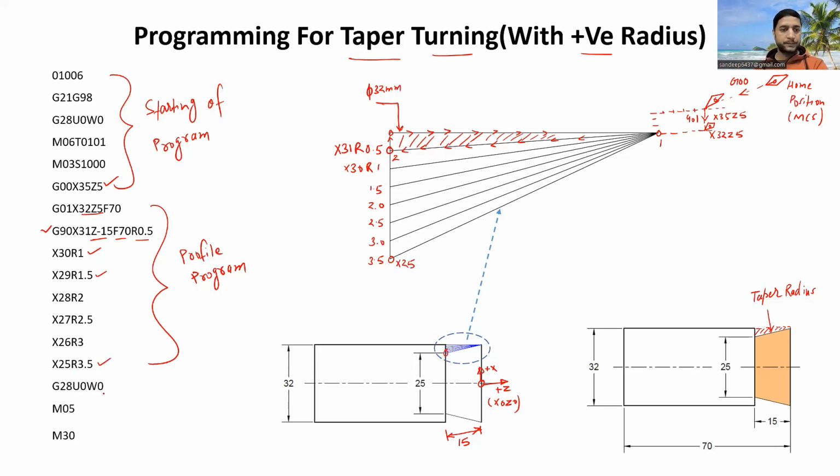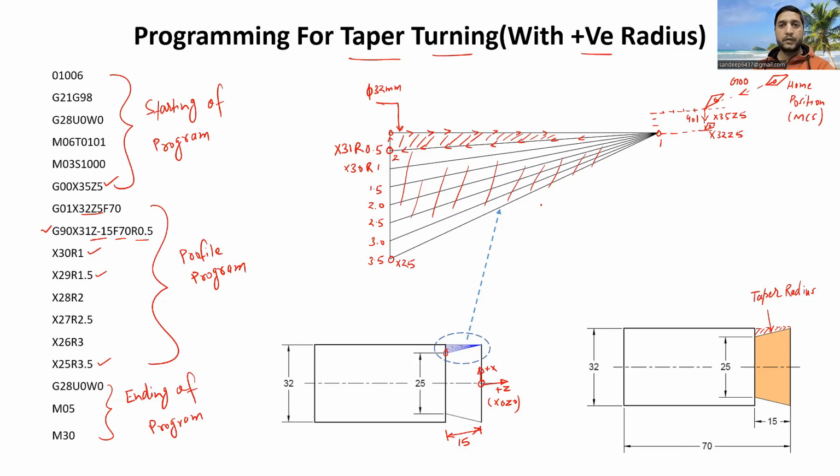After that, this is the ending of the program. After getting this profile, it means we have removed all this material from the workpiece, and the cutting tool is going back to its home position.